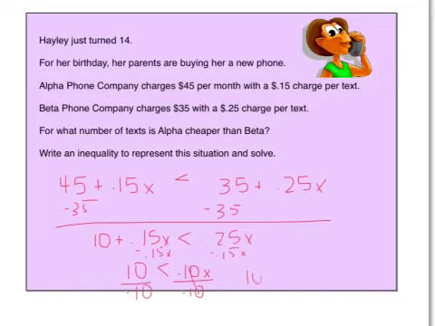And we're going to get 100 is less than x, or x is greater than 100. So as long as she's sending more than 100 texts, then it's cheaper to do the Alpha Phone Company.